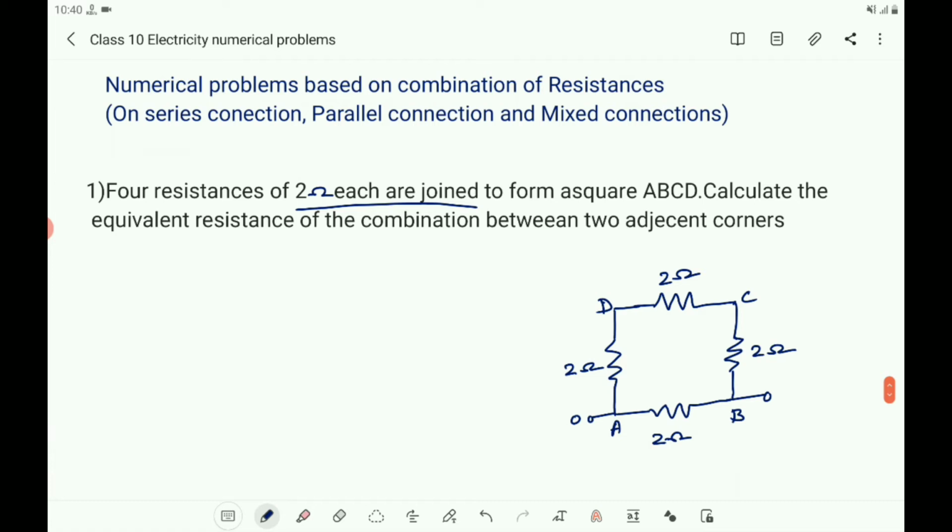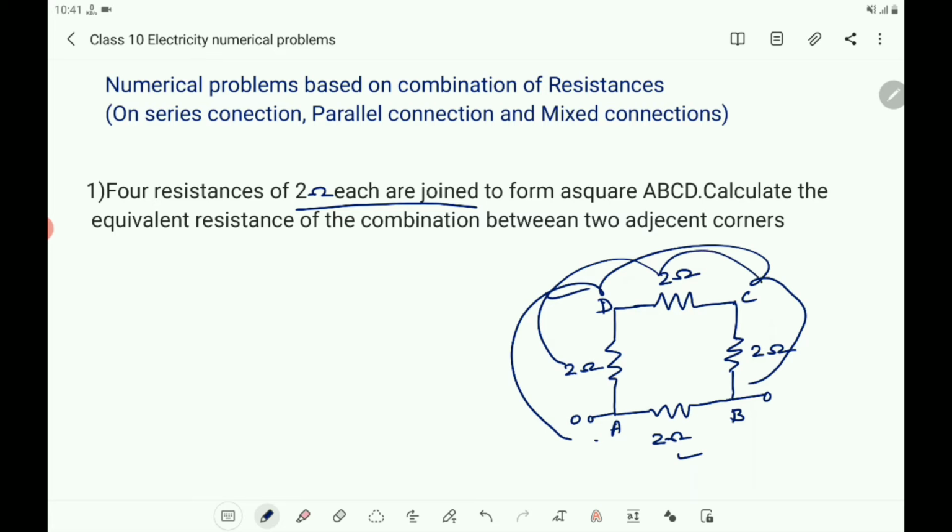Here the arrangement of 4 resistances is shown in the figure, and the resistance between A and B, that is RAB, is 2 ohm, and RADCB, if you start from A to D, D to C, C to B, they are in series connection, so you can add them: 2 plus 2 plus 2.